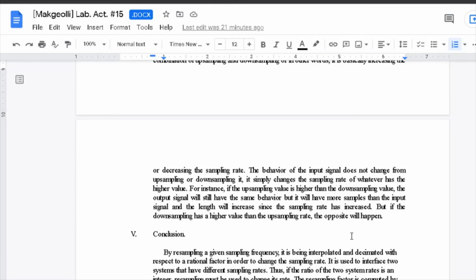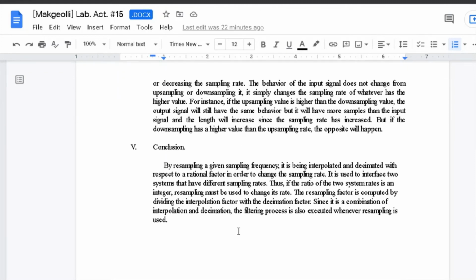For instance, if the upsampling rate, just like in the simulation, is higher than the downsampling value, the output signal will still have the same behavior, but it will have more samples than the input signal, and the length will increase since the sampling rate has increased. On the other hand, if the downsampling has a higher value than the upsampling, then the opposite will happen.